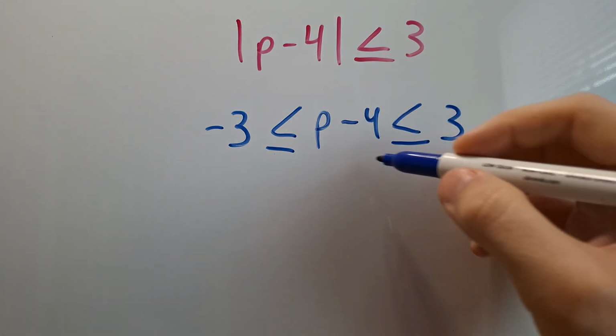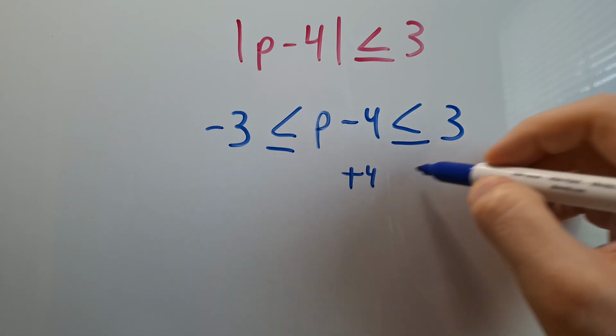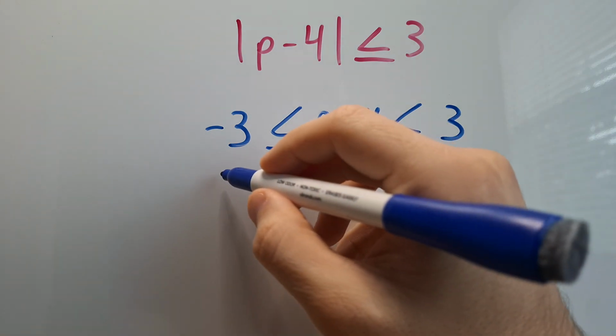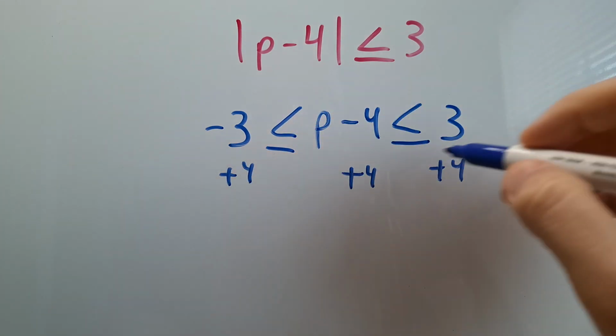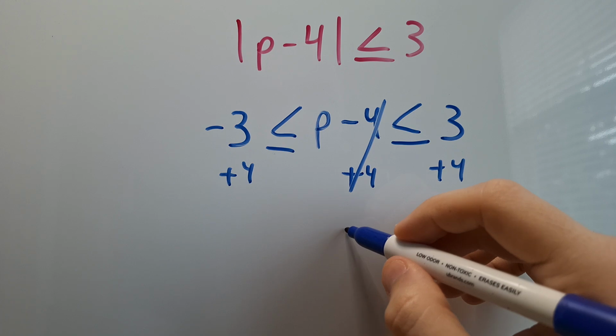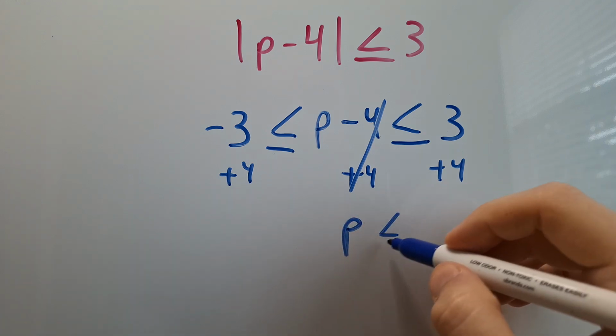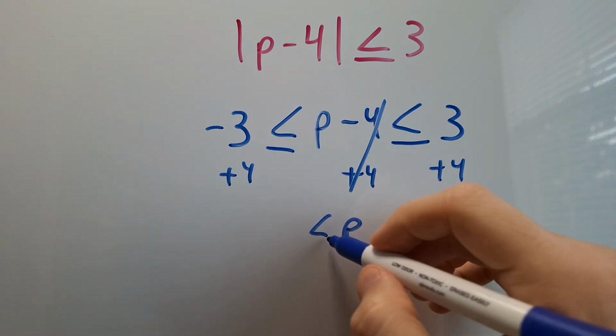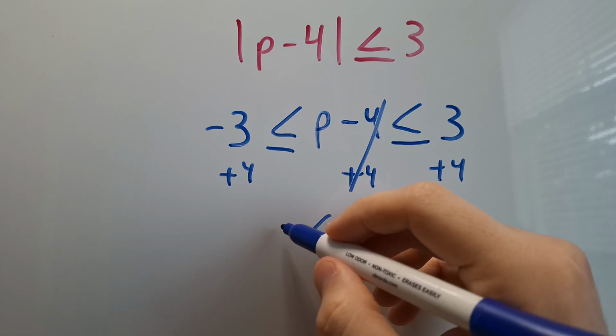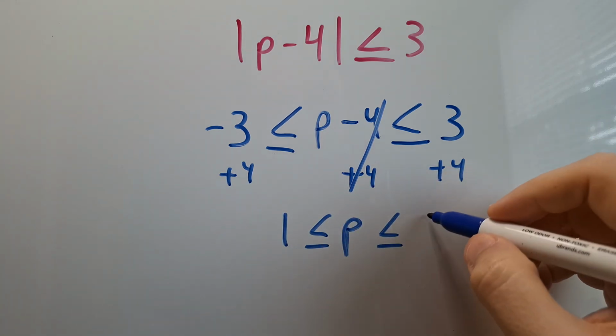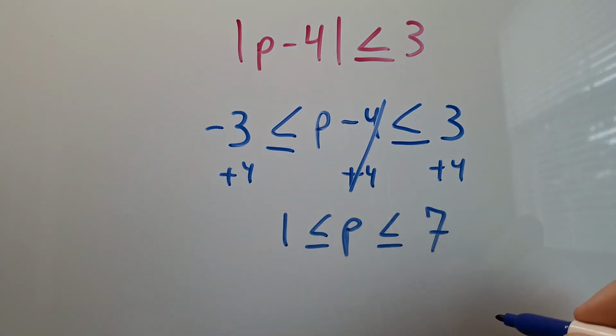And solving this as one giant inequality, add 4 to all parts. This cancels out. So p is somewhere in between +1 and +7.